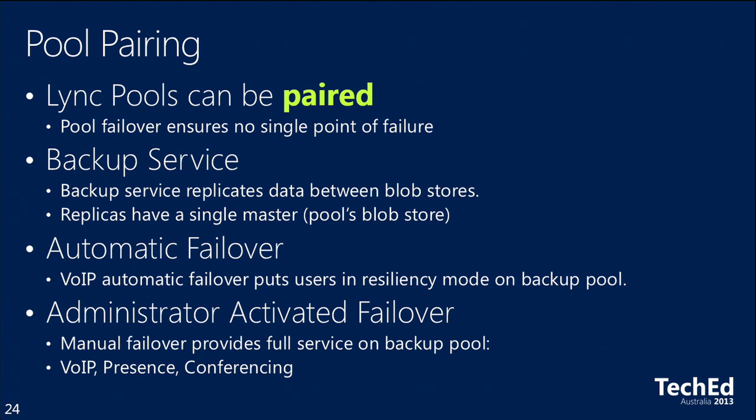So this ensures that in a short-term pool outage, users will rehome, they'll operate in resilience mode. If it's going to be a long-term outage, you push a button to activate them on that secondary pool, and they'll have all of their buddy lists, conference data, voice functionality, et cetera, available on that second pool.